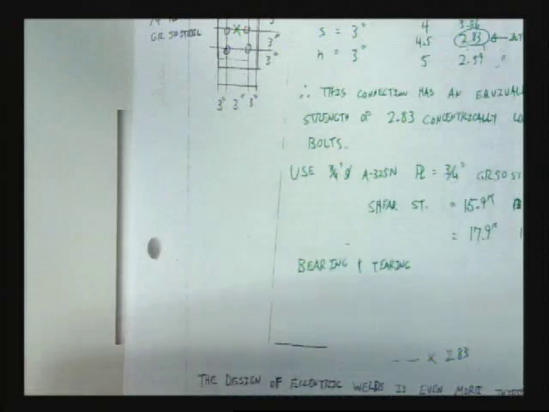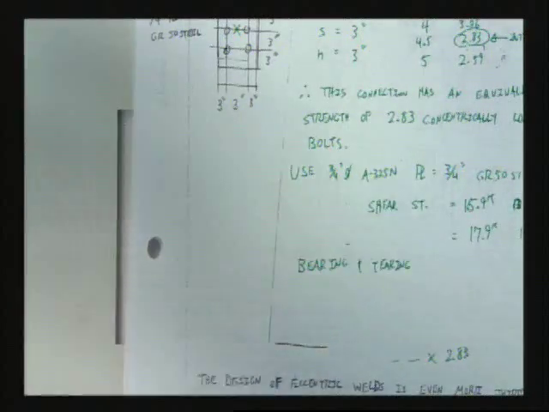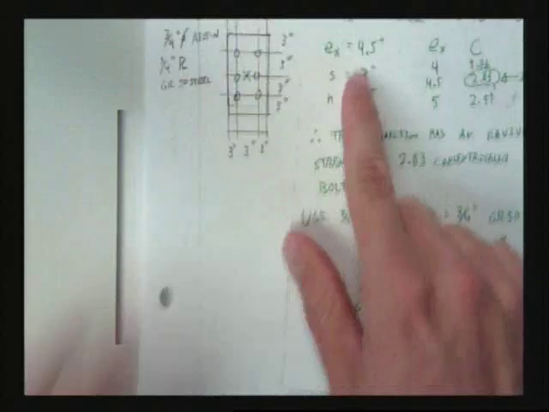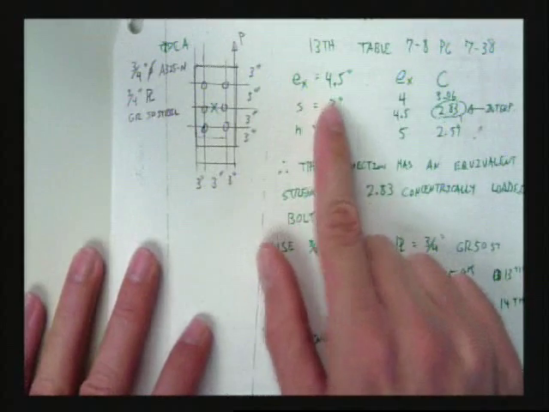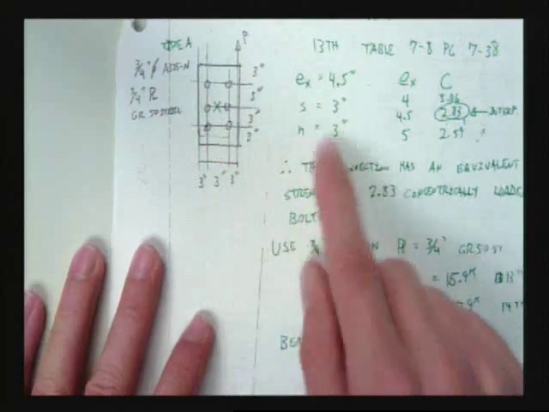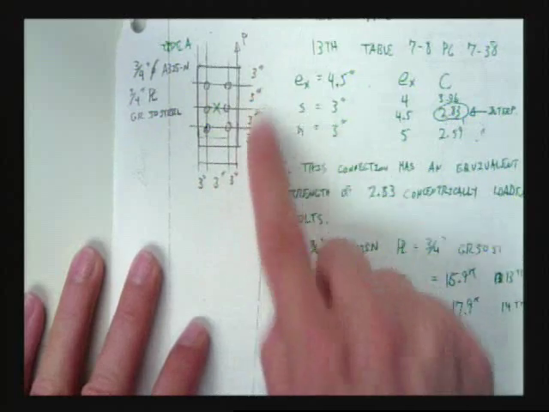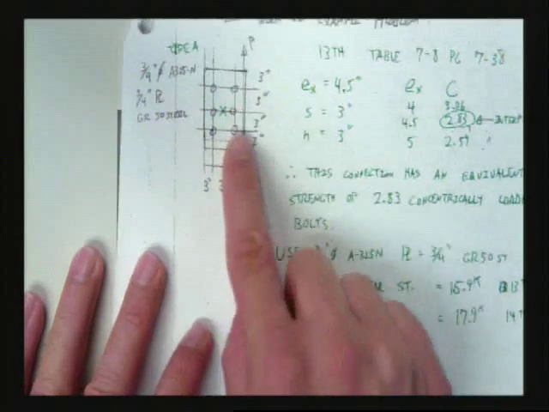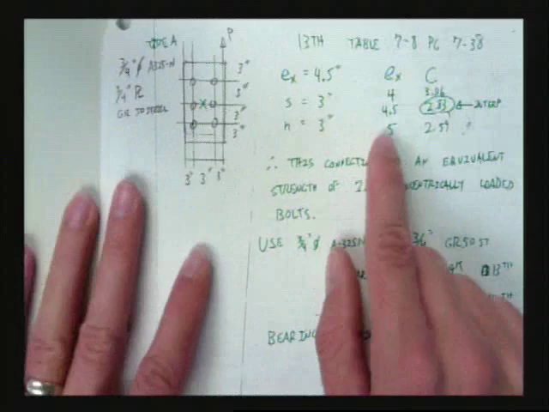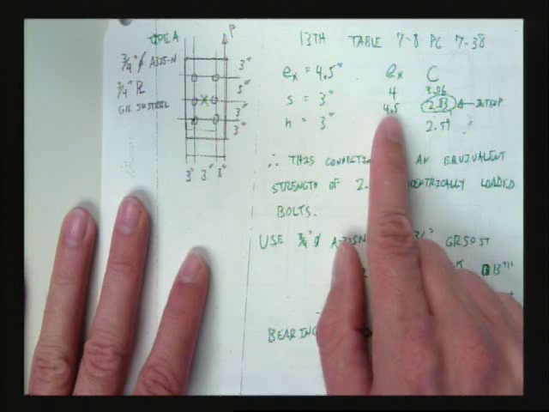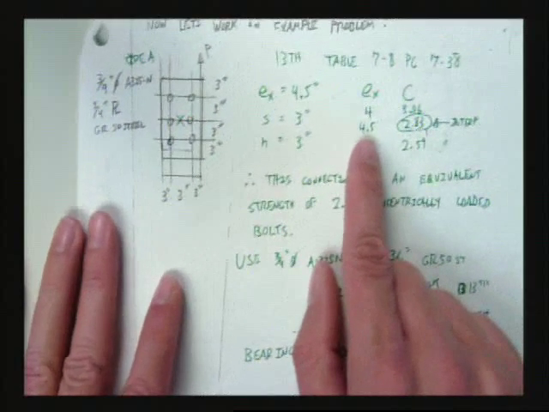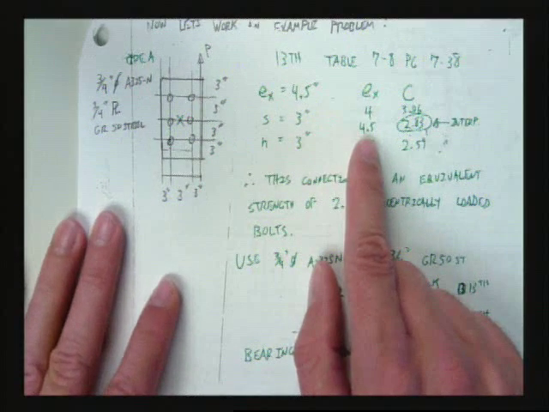Awesome. So we worked this problem together. We came in with an eccentricity of 4.5, which I got from my diagram. My vertical spacing was 3, and my number of bolts was 3. I went into the table and found, oh no, there's no 4.5 under eccentricity. What do? Give up?